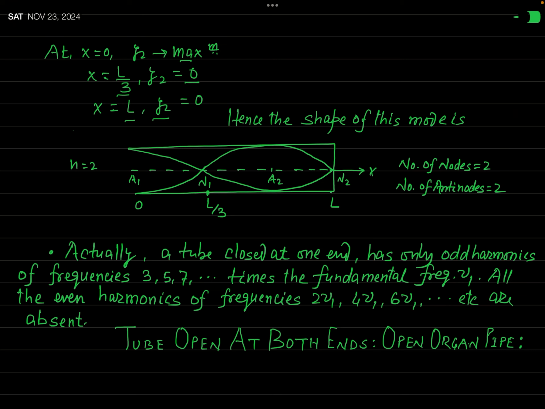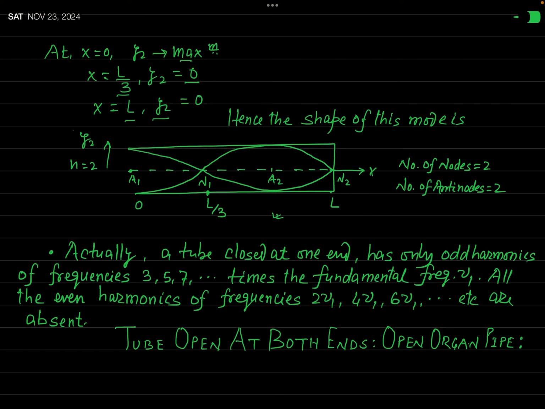So the shape of the mode in this case will be just like this, which I have shown in this figure. And you can also say that this is the graphical plot of y2 against x. Okay. Now you can see at this position at the open end, the displacement is maximum.